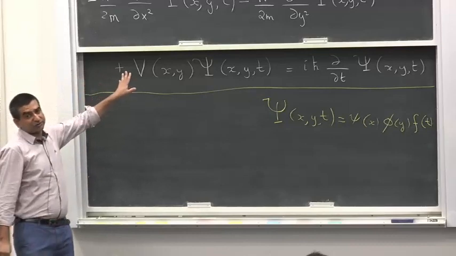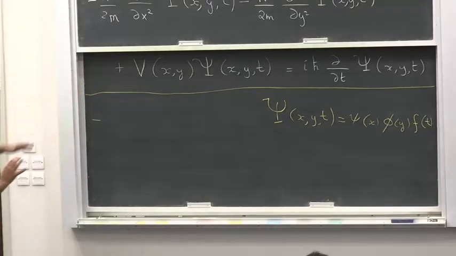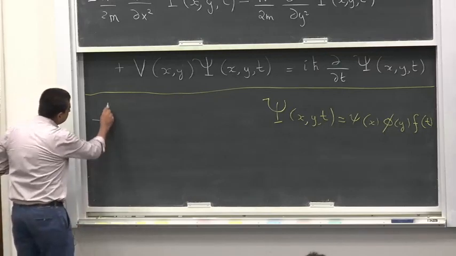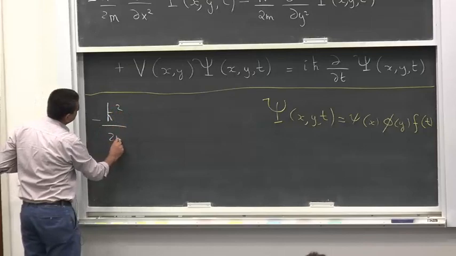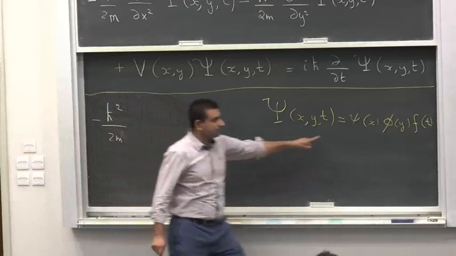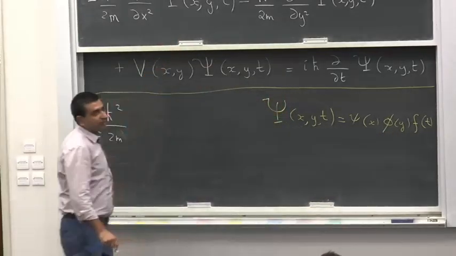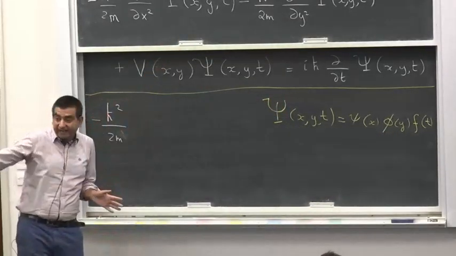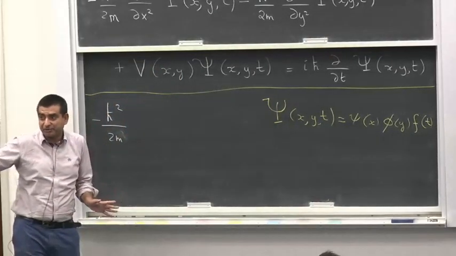Look, the mathematics looks daunting. Strange symbols, partial derivatives, an iota sign. But if you come to think of it, once the initial fear is over, this is something that is easy to understand. So what I would like to do now, I just reproduce these terms, minus h bar squared over 2m, and I take the partial derivative of this object, the second order derivative with respect to only x, keeping y and time constant.